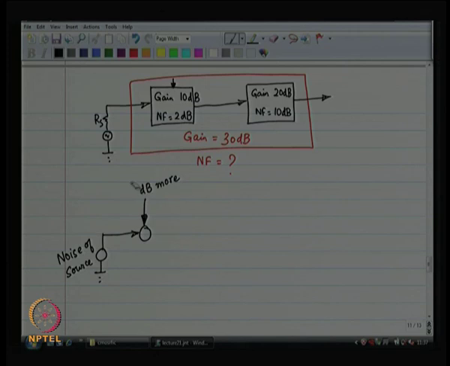I am sorry, 2 dB more than the noise of the source, that is the noise figure. Okay. That will go through a gain of 10 dB.